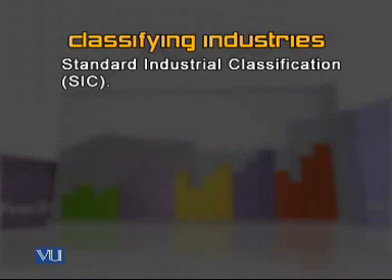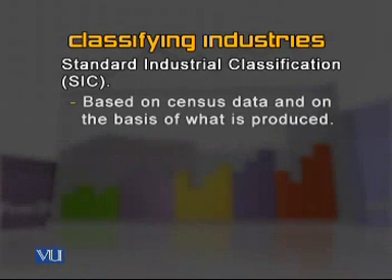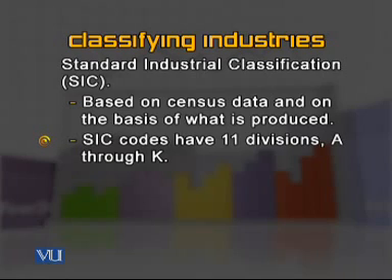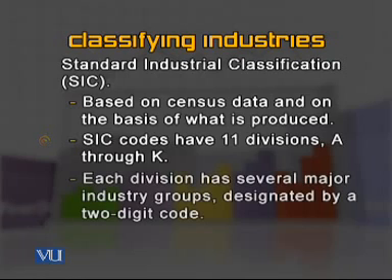Now, help is there in trying to classify the industries: the standard industrial classification, that is based on census data and on the basis of what is being produced by the industry. So the standard industrial classification has around 11 divisions using alphabets A through K, in which each division has been assigned and has several major industries included in it.